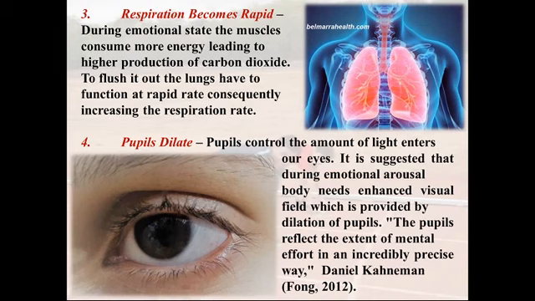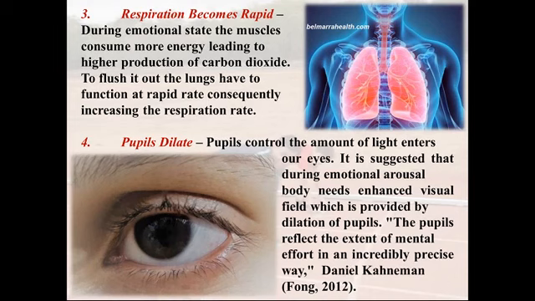During an emotional state, the muscles consume more energy to meet the physiological arousal needs. That leads to higher production of carbon dioxide, because more energy is burnt.